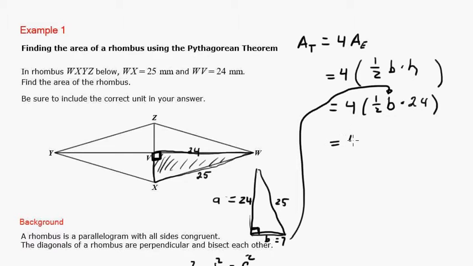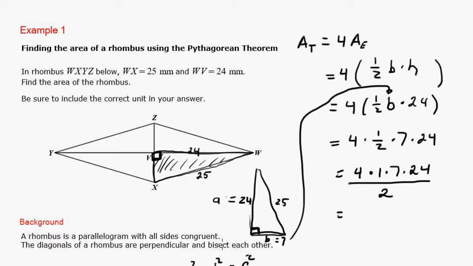Okay, so now that can go into here. So we get 4 times 1/2 times 7 times 24. Maybe an easy way to use your calculator is to do all of that divided by 2.